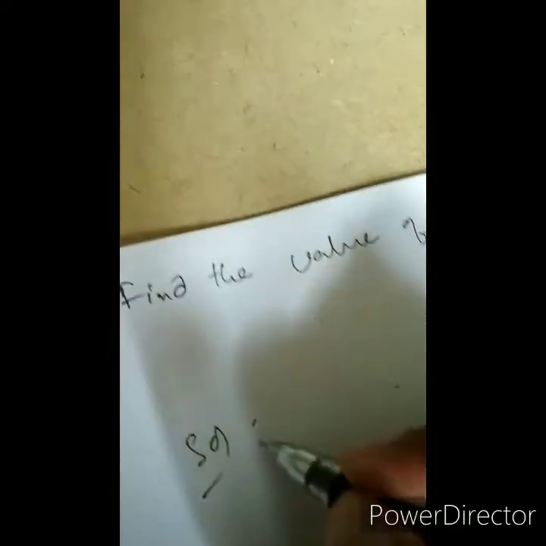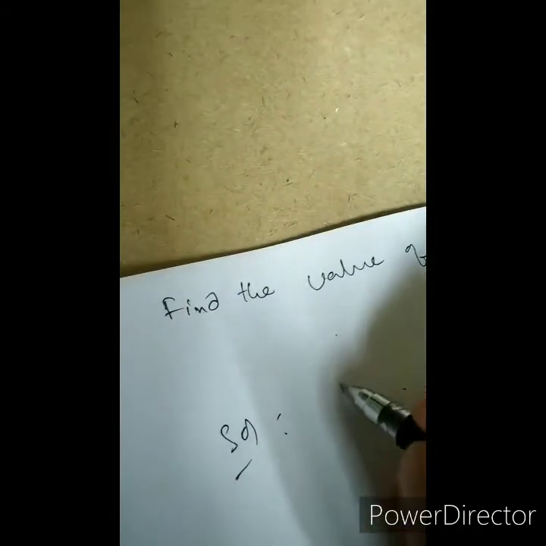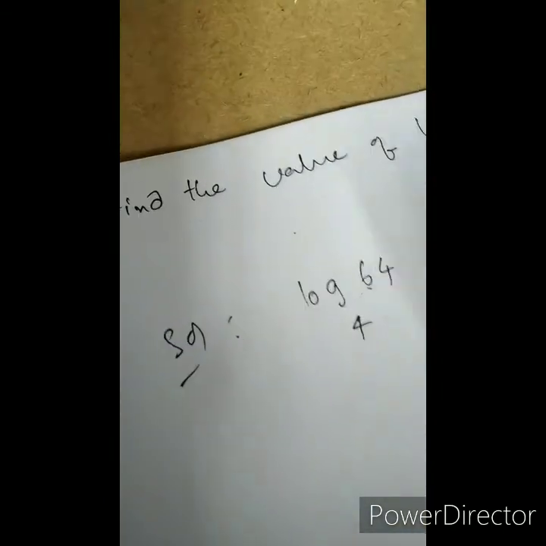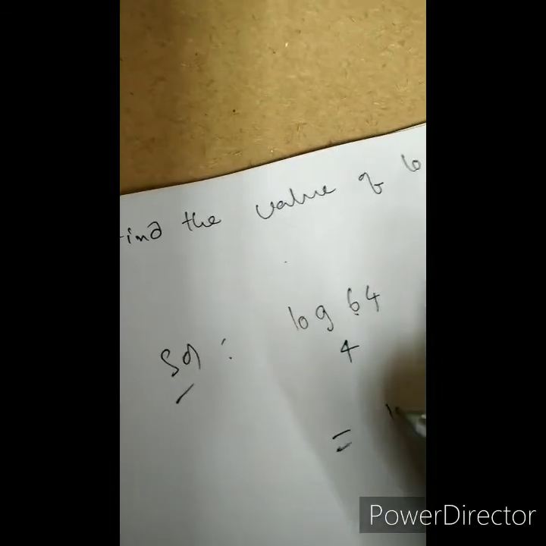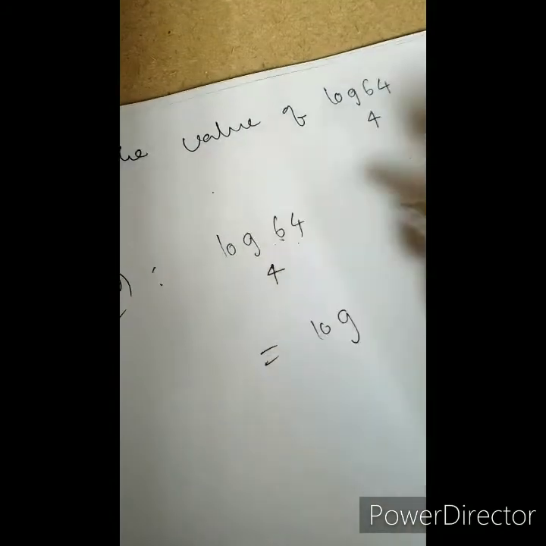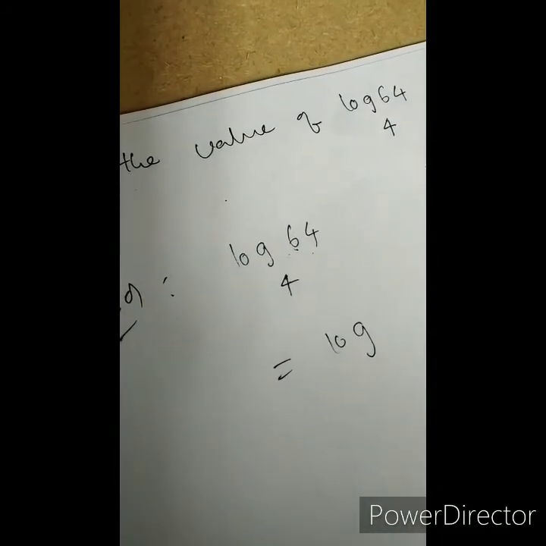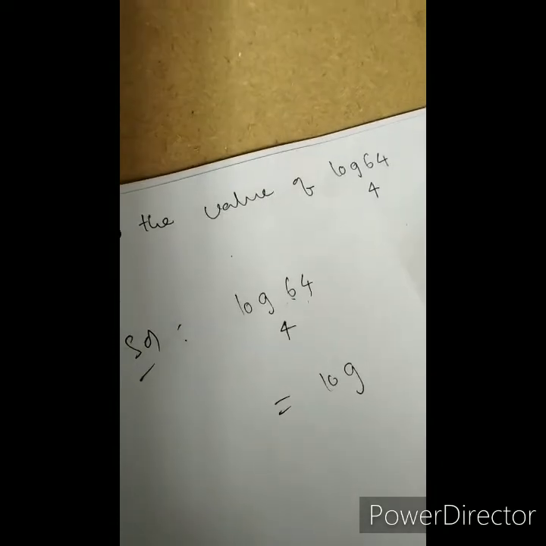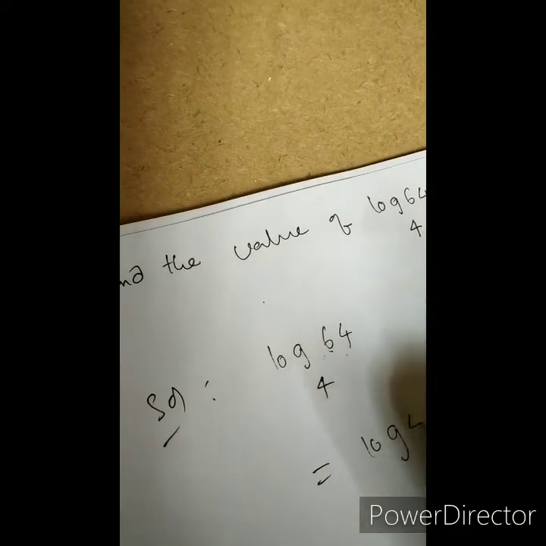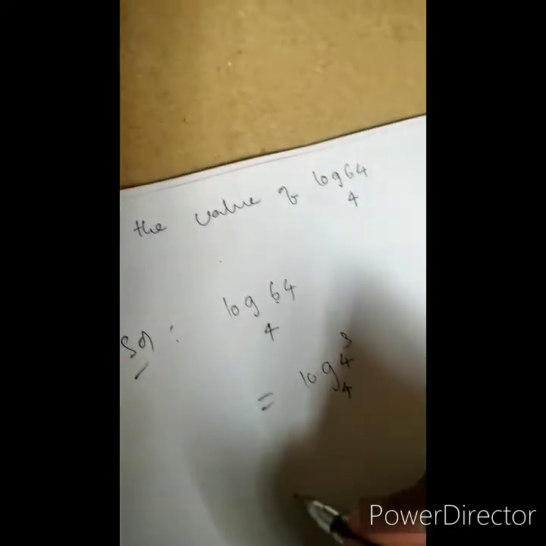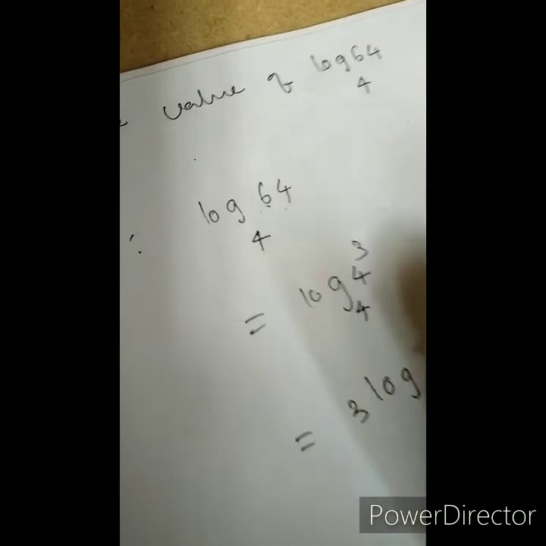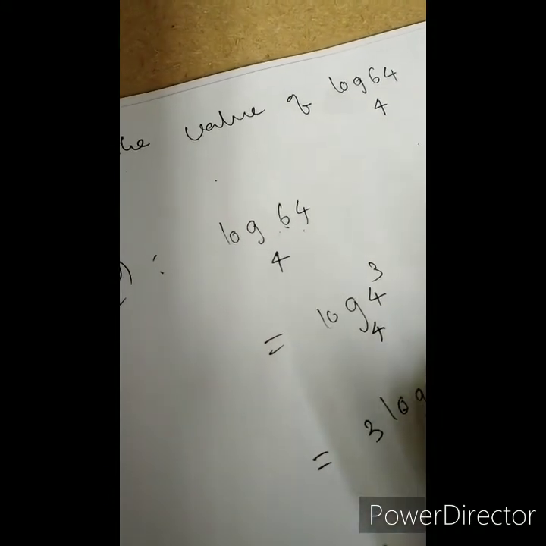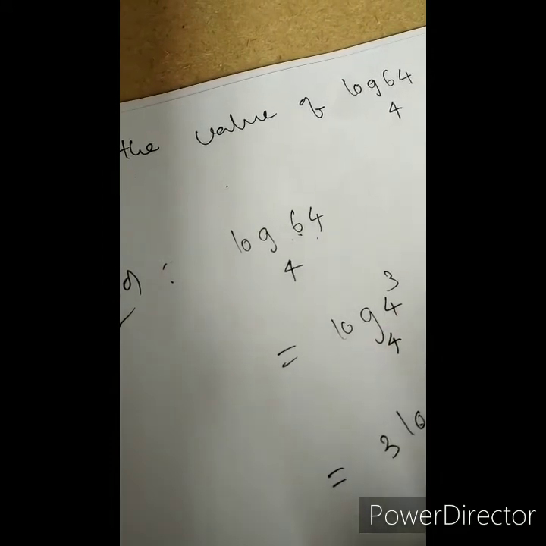Solution: logarithm of 64 to the base 4, 64 can be written in powers of 4. 4 into 4 is 16, 16 into 4 is 64. This equals 4 into 4 into 4, that is 4 cube to the base 4. This can be written as 3 into log 4 to the base 4, whose value is 3 into 1, which is 3.